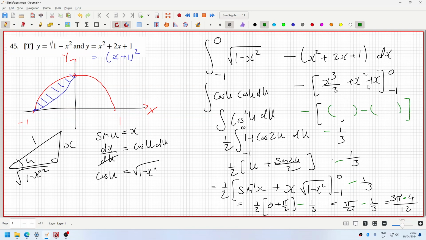And if you put in 0, you get 0. And you put in minus 1, those cancel. And it's minus 1 over 3. Ah, there's 3 minuses. Not 2. 3 minuses. Yeah, so that's why that's a minus 1 over 3. So that makes the minus 4 there.